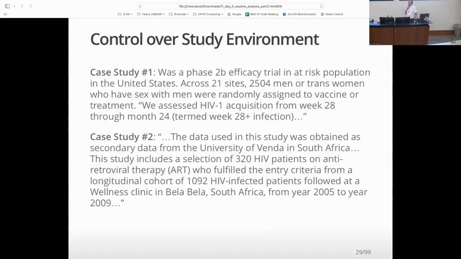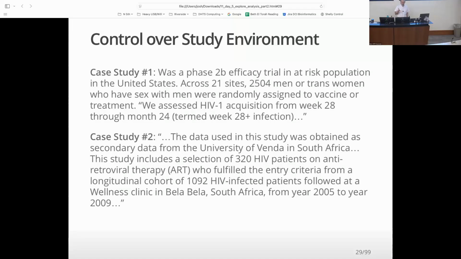Okay, so here are brief descriptions from case study 1 and case study 2. I don't know if I even need to give you this information or not, but I'll give people a second to read. Read this little snippet from case study 1.